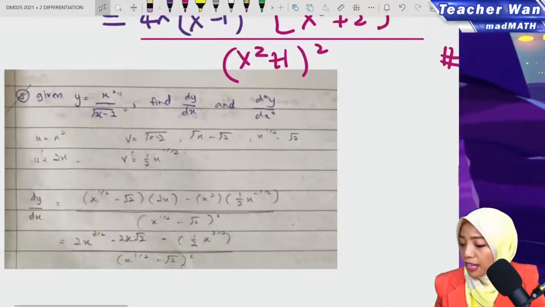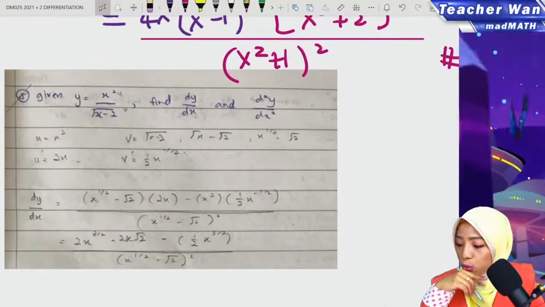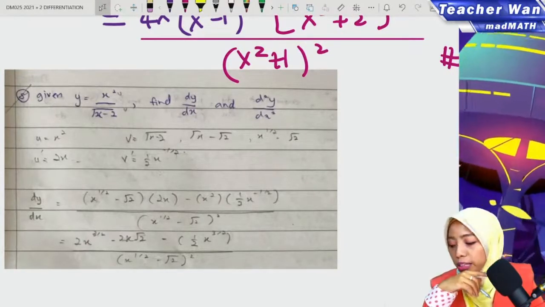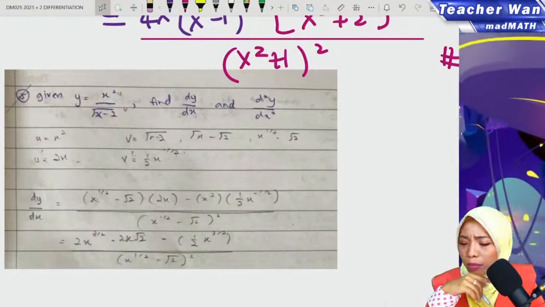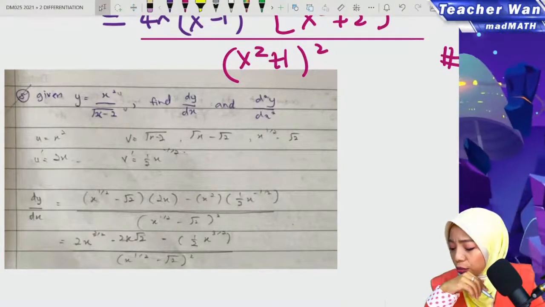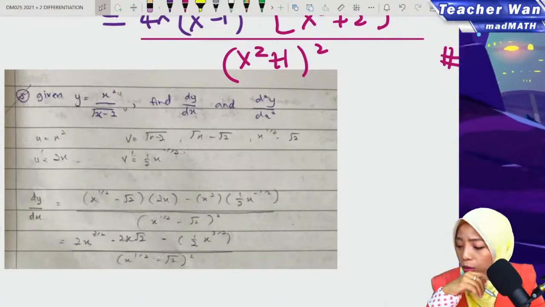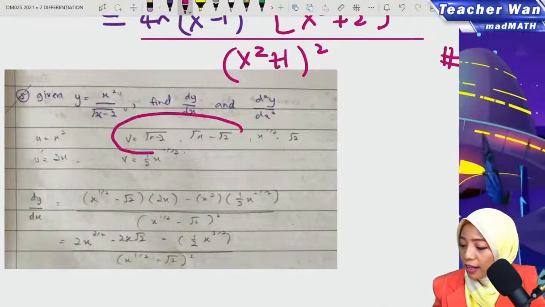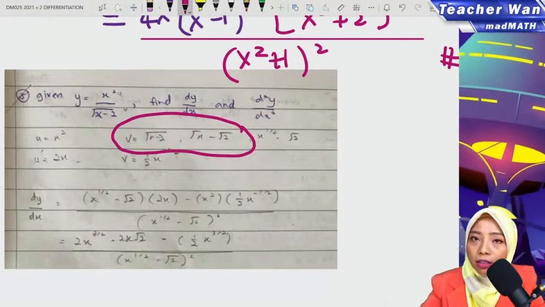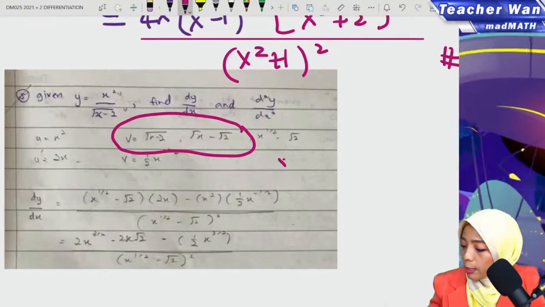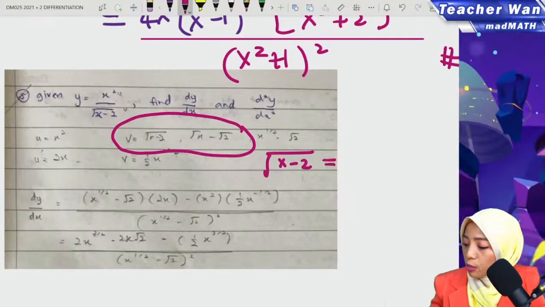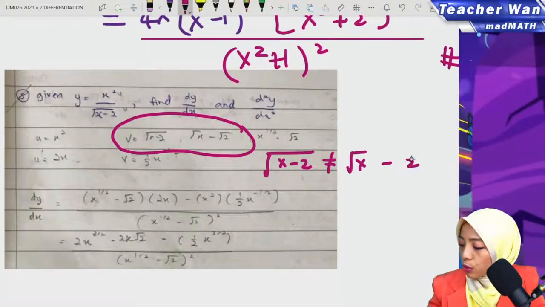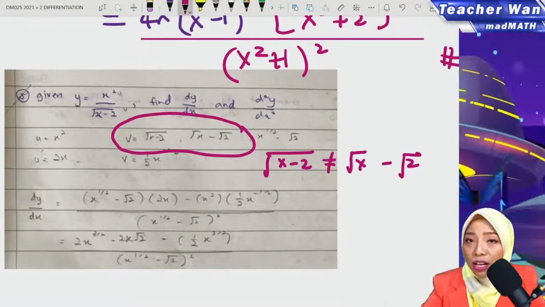I was drawn to the working of one of my students. She did a long working, one whole page, and then she said, Madam, I spent half a day to solve this problem. Why didn't I get the same as you? I looked at it, and the first step is already wrong. Everyone pay attention: x minus 2 set is not equivalent to this, so you never do this.